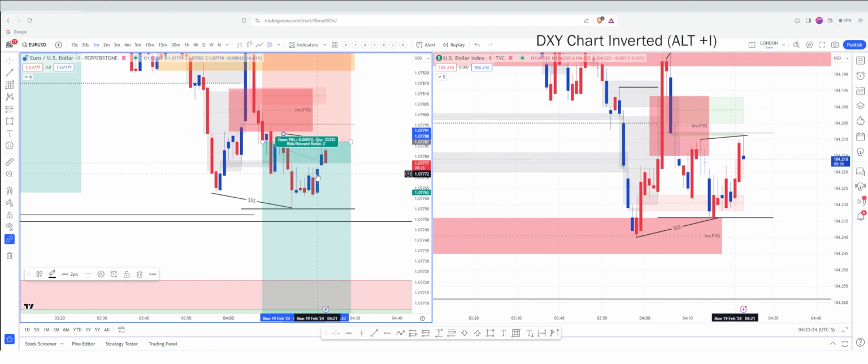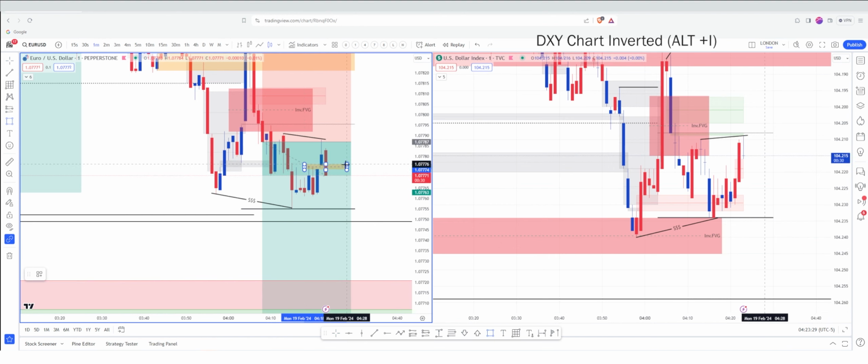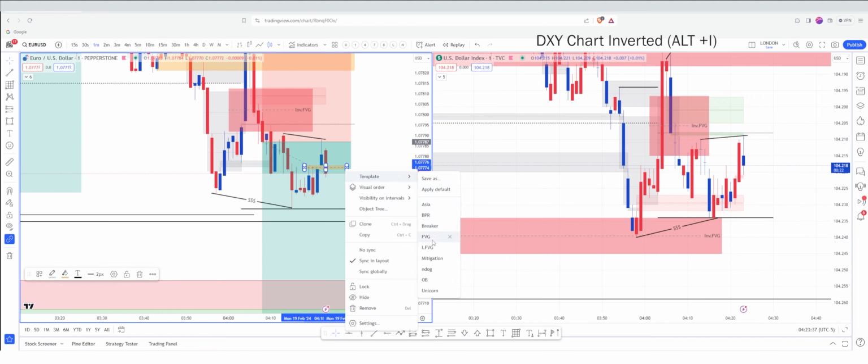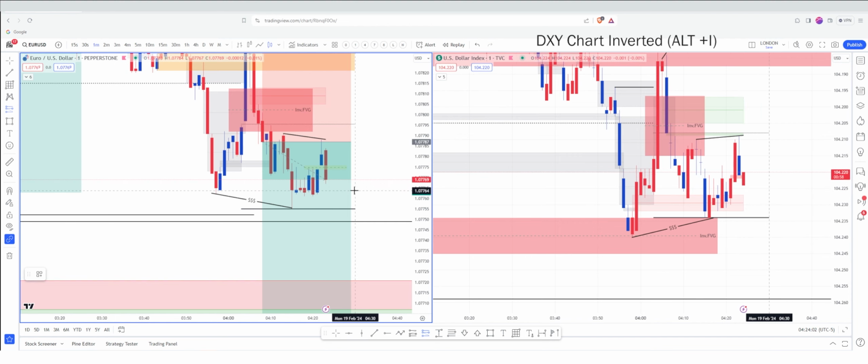So right now we've got SMT, we have a volume imbalance, with an engulfing candle. 13 seconds left on this. So this is the entry short if this closes nice.